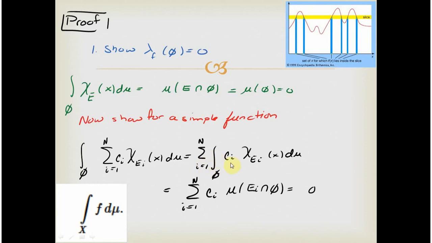So these two swap, and I'm really integrating these over here. But I know from my characteristic function that this piece is equal to Ci times the measure of Ei intersect the empty set. I also know from the previous calculation that each one of these measures is 0, so the entire sum of these measures turns out to be 0 as desired.